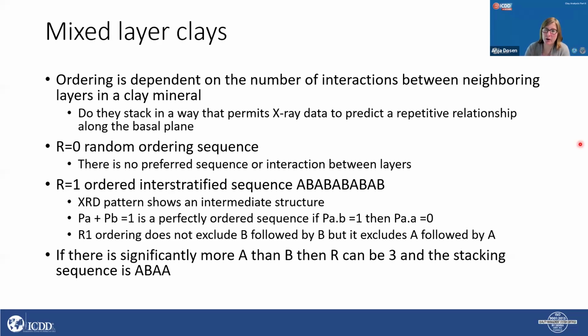If we have an R0, that is a completely random sequence, so there's no interaction, they're just randomly stacked. If we have an R1 sequence, an AB sequence, or illite smectite, then we end up seeing an intermediate structure on the X-ray diffraction pattern.